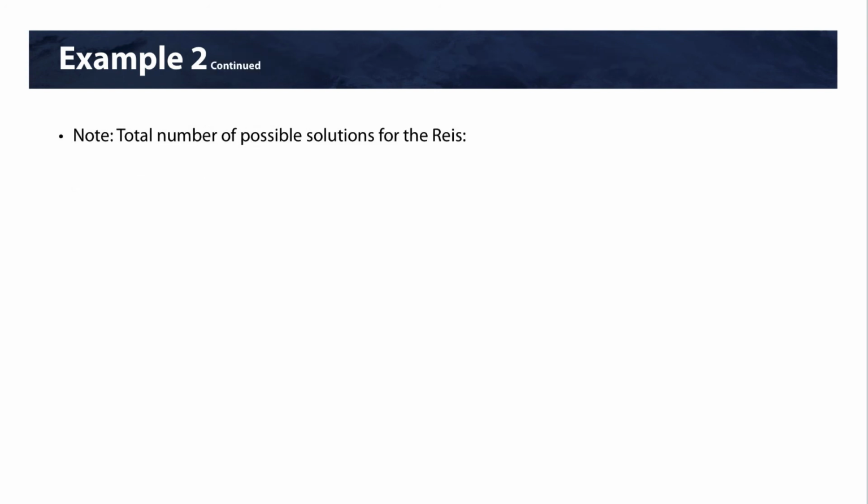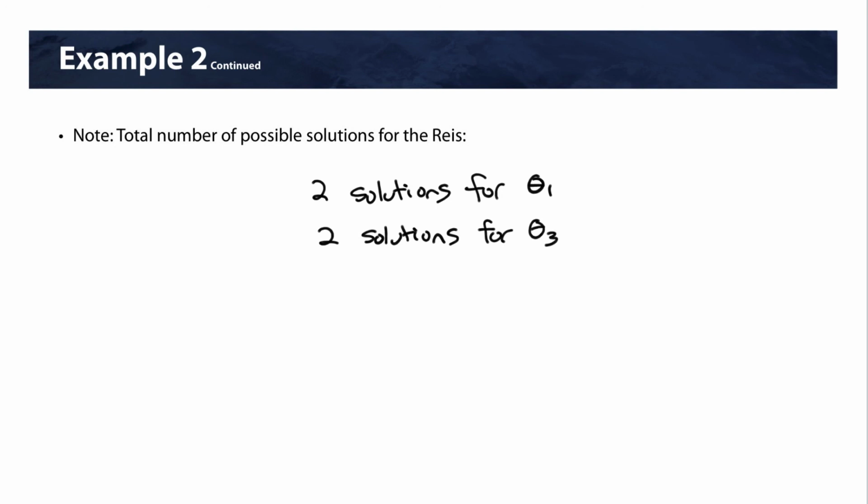Now, you can see that we had multiple solutions for several of the joints. In fact, we had two solutions for theta 1, two solutions for theta 3, and two possible solutions for theta 5.